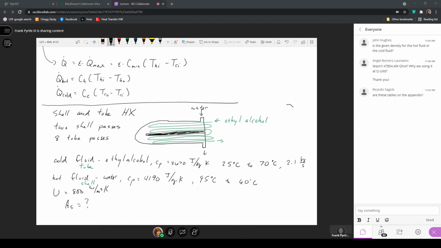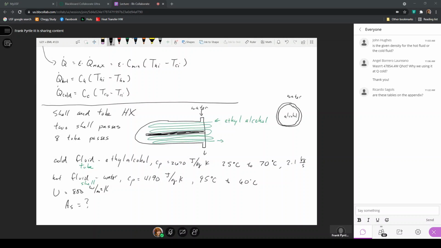So if I imagine here the cross section of the tube, here I'd have the ethyl alcohol on the inside and the water on the outside. And if you're trying to facilitate heat transfer, this wall has to be very thin in order to reduce the conduction resistance. And so the surface area, in a problem like this one, we would consider the surface area on the inside of the pipe.